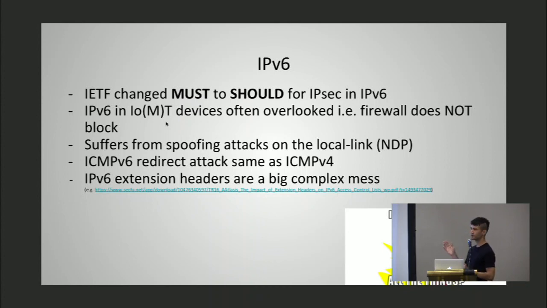So, for example, whenever you see must, that means that whoever implements this protocol should 100% make sure that it follows the rule that the standard specifies. But whenever you see should, that means that it's more or less a guideline. So you should do that, but even if you don't, it's not the end of the world. So that means that it leaves some room for flexibility.